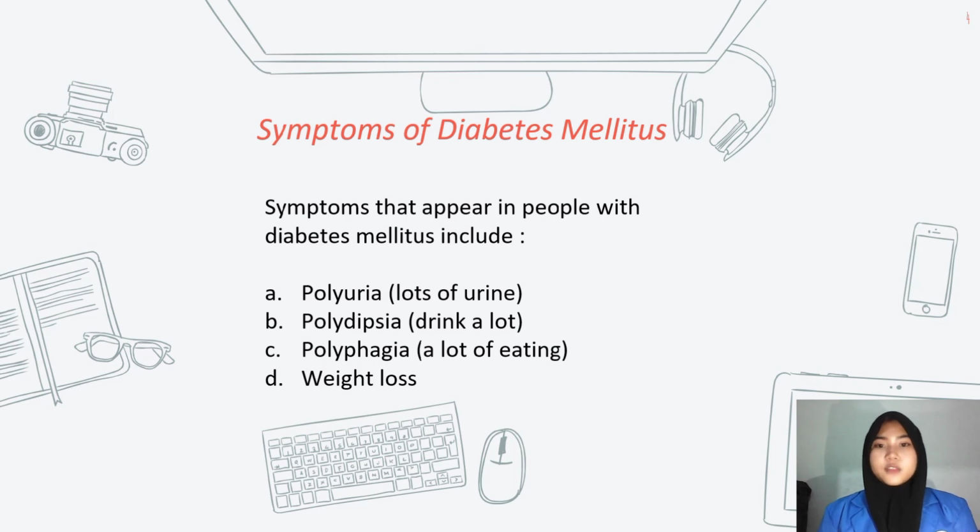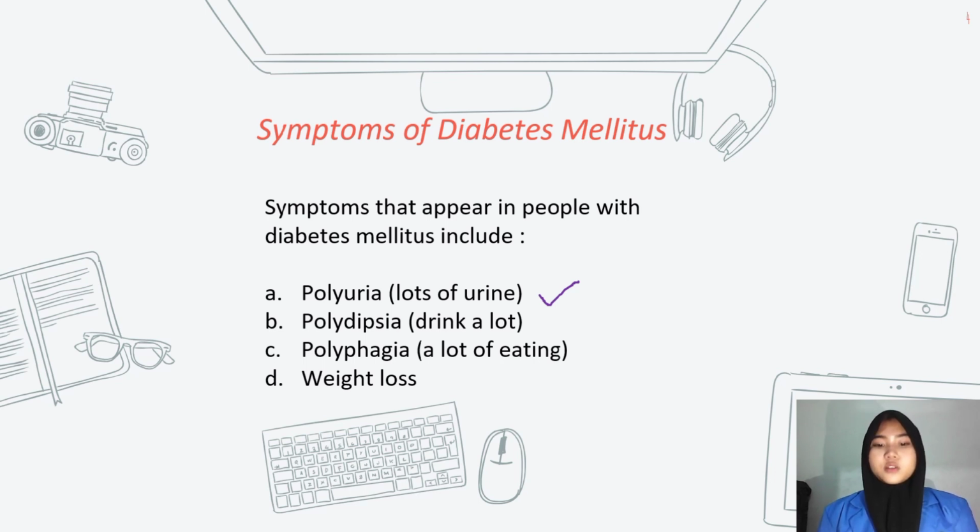Symptoms of diabetes mellitus. Symptoms that appear in people with diabetes mellitus include polyuria, a lot of urine. Polyuria is an early symptom of diabetes that occurs when blood sugar levels are above 160 to 180.